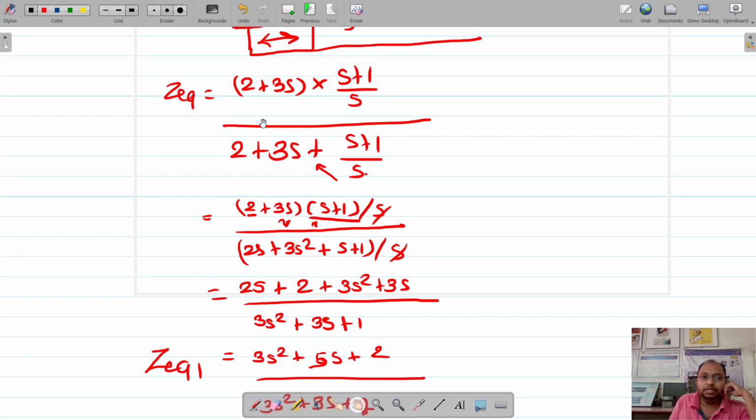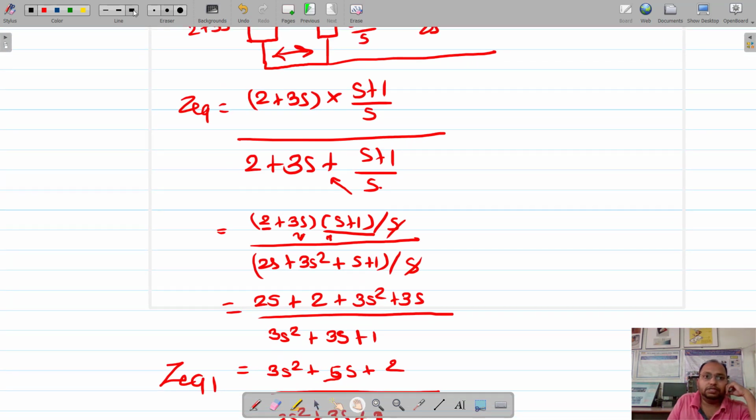Yes, we have calculated this already, and this resulted as 3s square plus 3s plus 1 divided by s, right?